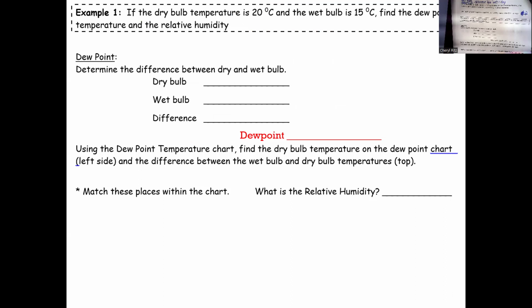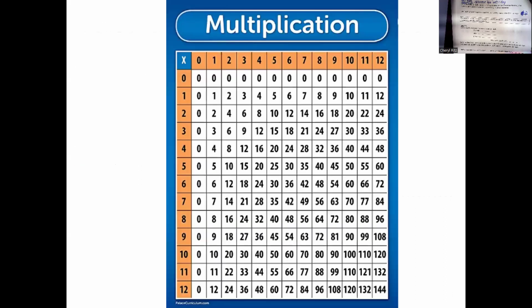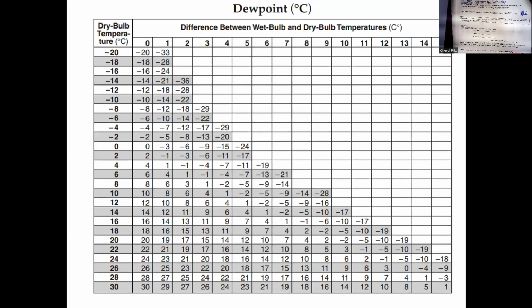Dew point is not percent. You can see it up here at the top, it says dew point degrees Celsius. Dew point is the temperature at which water will come out of the air. So if everything else stays the same and the temperature drops from 20 to that 12 degrees, it's going to start raining.